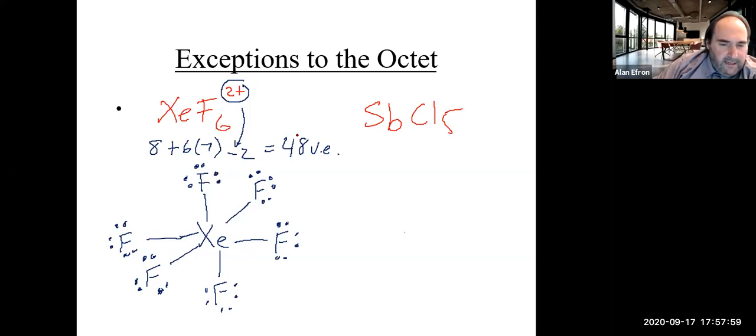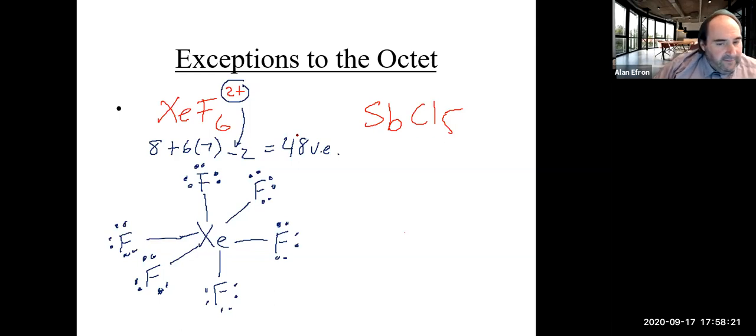So I now have 1, 2, 3, 4, 5, 6 guys on the outside. They all have 8 around them, and 6 times 8 should be 48. So that is all the electrons that I have now put in there. Everybody outside has 2, 4, 6, 8. The center guy has 2, 4, 6, 8, 10, 12.